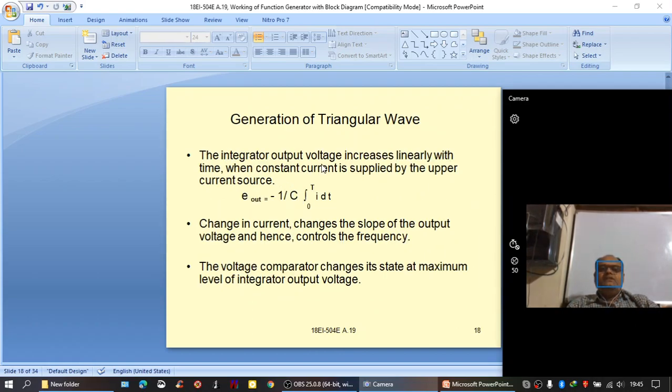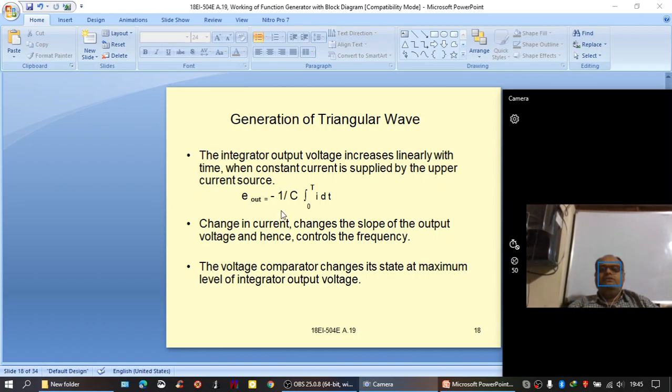The integrator output voltage increases linearly with time when constant current is supplied by the upper current source. The formula is E out. This we should have studied in the basics of electronics itself, that is electronic circuit components, the very first unit in the first semester.